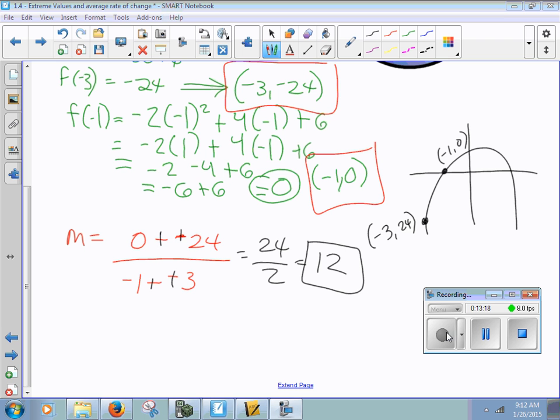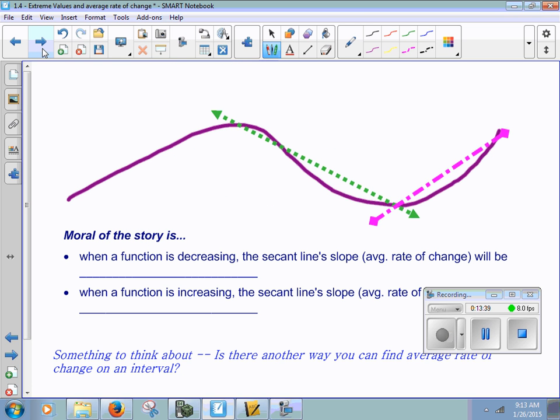If I connect those two dots, should I have a positive slope? Isn't that kind of nifty? I think it's kind of cool how it all fits together. Okay? Now, here's what you're going to do. Do you have any questions? Average rate of change really is just going back to slope, isn't it? Okay? So, moral of the story.